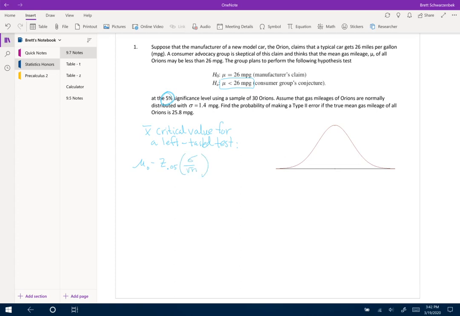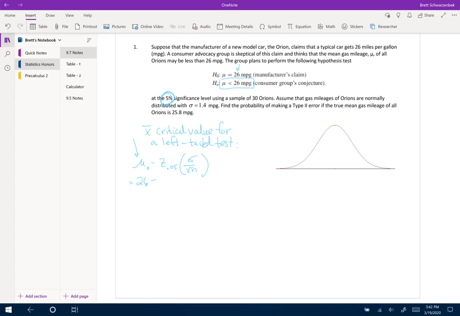Okay, so just to be clear, this mu sub 0 is the original mean. That value is going to be the value that is in the null and alternative hypothesis. So what we're going to do, calculations-wise, is get 26 minus, then we have to look up z sub 0.05. Now, I know this is a z value, but remember, this is the same process as if you were to do a confidence interval.